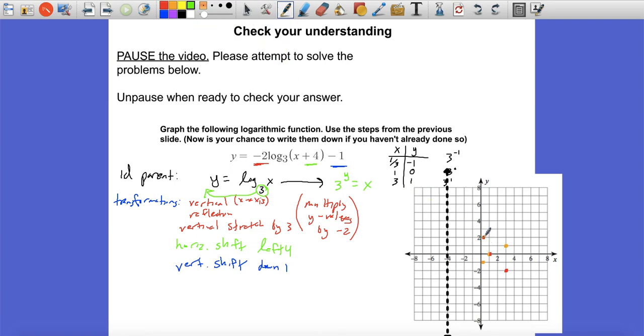So this point's at 1/3, so it goes left 4 and then down 1. So left 1, 2, 3, 4, down 1. So right there. This point is right at 1, 0. So left 1, 2, 3, 4, down 1. And left 1, 2, 3, 4, down 1. And right here is our final answer for our graph.